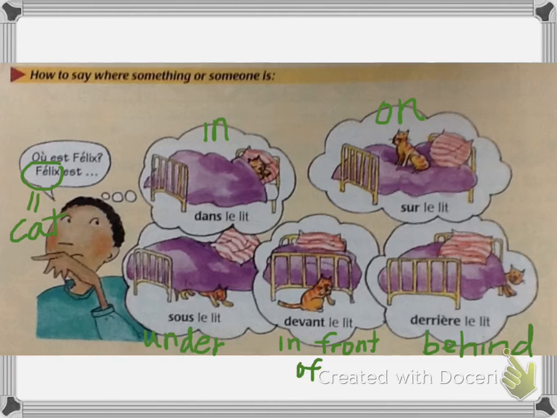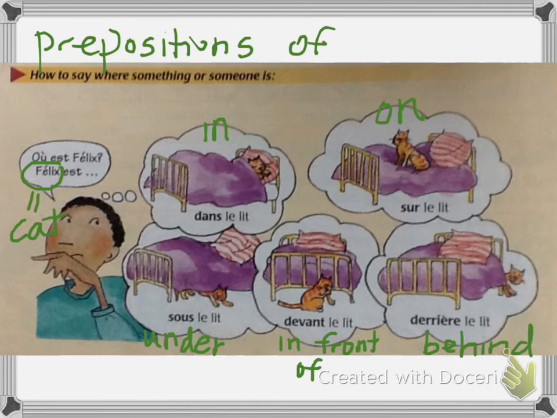So again, these are prepositions of place or location. You can use it with a cat here, is what we're using it with, but you would use these prepositions with anything, any objects.